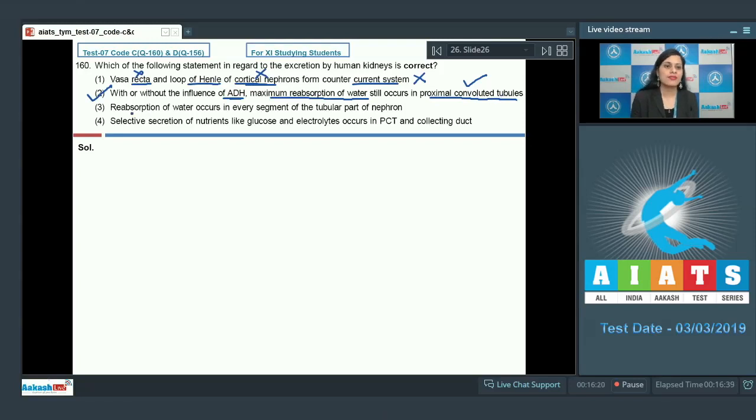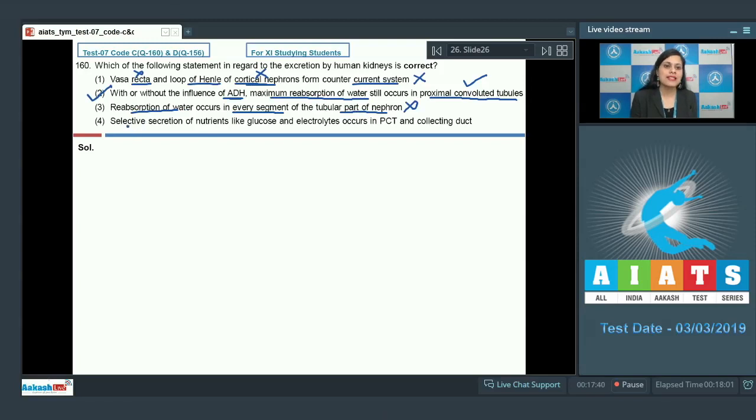The next statement is reabsorption of water occurs in every segment of tubular part of nephron, and as it is an incorrect statement, so this cannot be a correct answer, because reabsorption of water is maximum in proximal convoluted tubule followed by distal convoluted tubule and then loop of Henle. But in Henle's loop also, ascending limb of loop of Henle is impermeable to water. So reabsorption of water does not occur in every segment of tubular part of nephron.